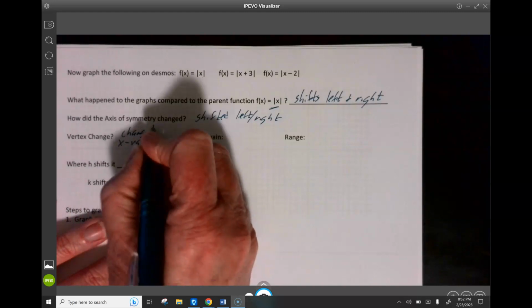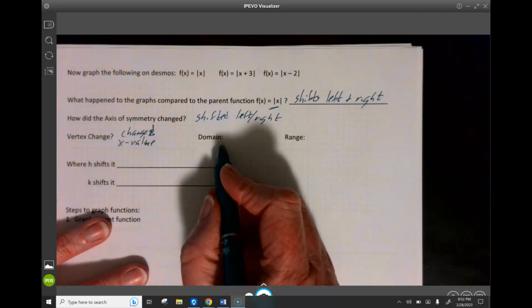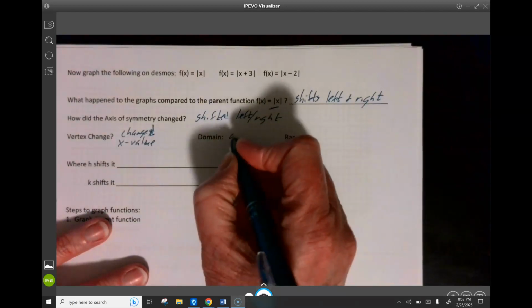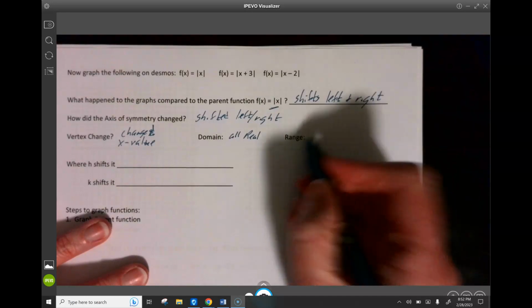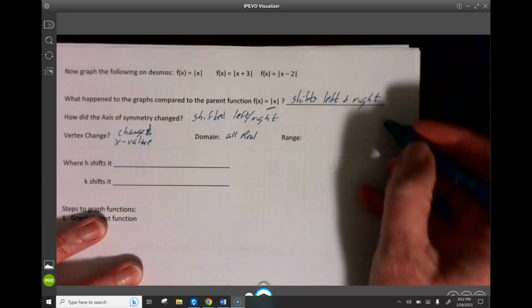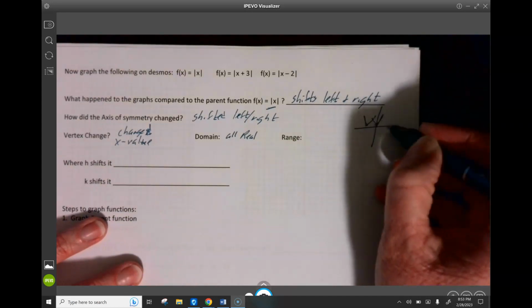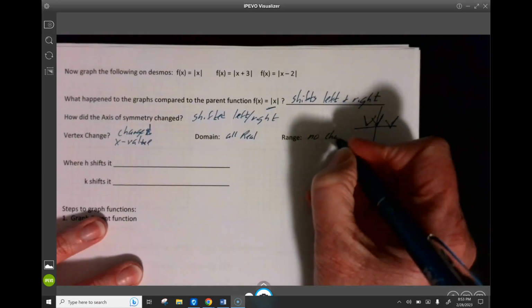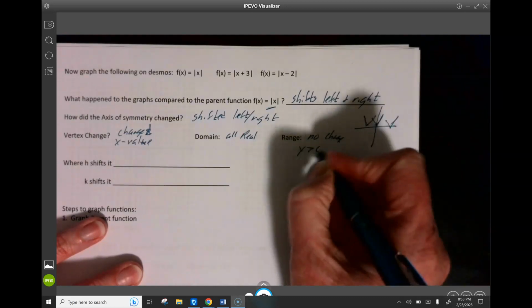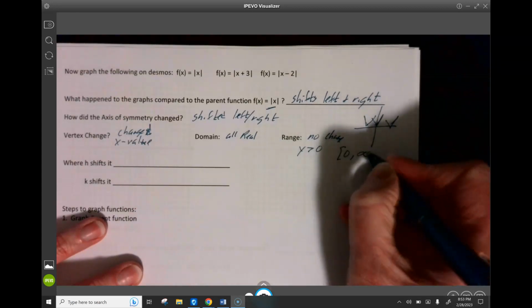So it changed the x value. What about my domain? Nope, didn't change, so it's still all real numbers. What about the range? The range didn't change either, because remember your graph, all of them went from right here. All of them went from off that x-axis. So your range, no change. So that means y is greater than 0, or in interval notation, that would be 0 to infinity.